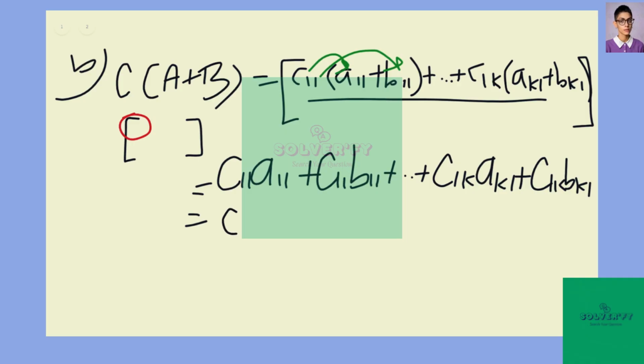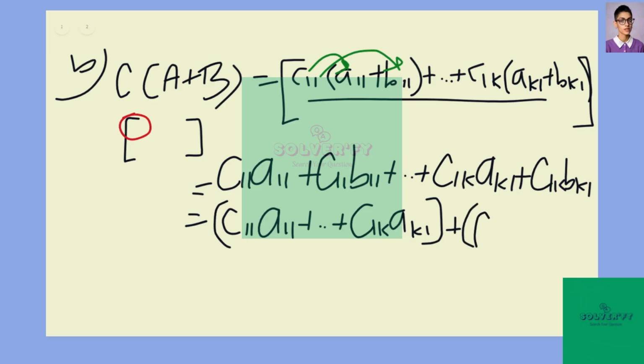So we can have C11A11 all the way to C1K AK1, and we can add that to all the elements with B. So we get C11B11 all the way to C1K BK1. And I apologize for having to put that below there. I ran out of room.